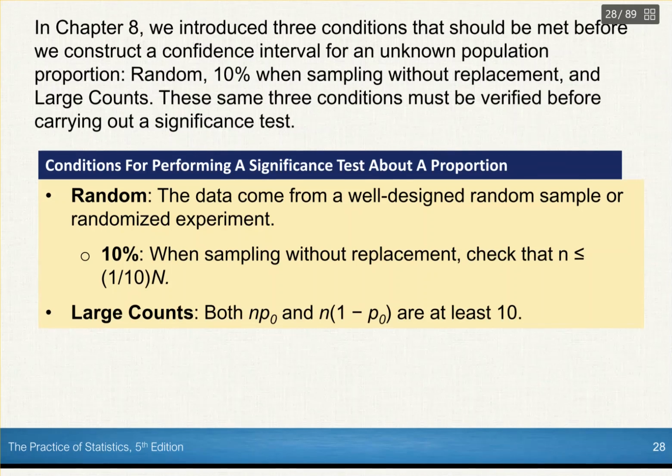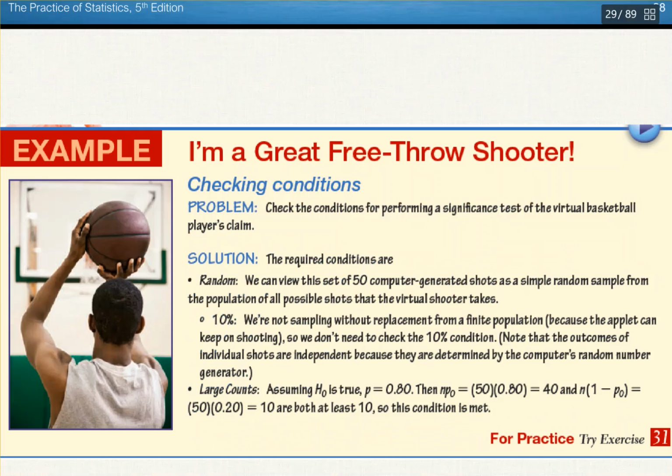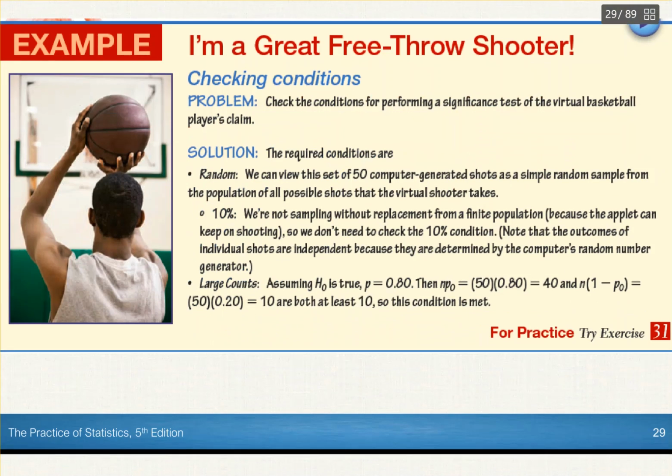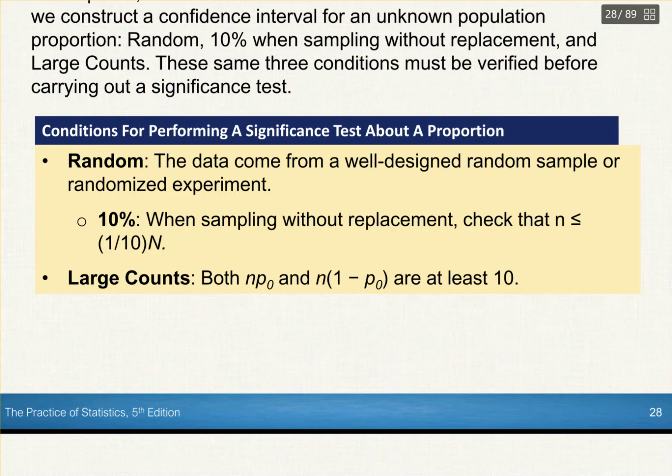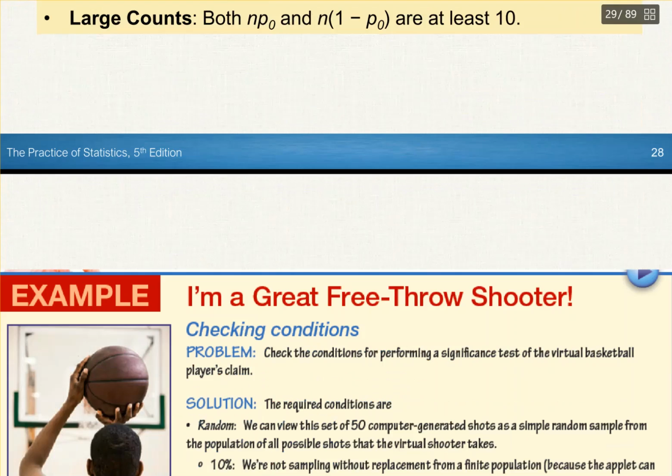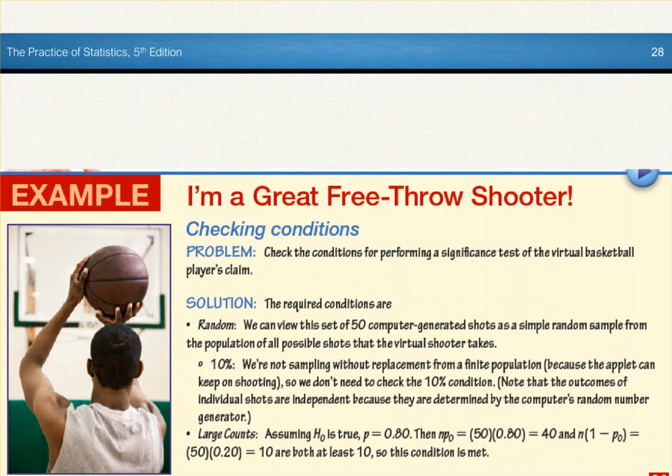All right, so check the conditions for performing the significance test on the virtual basketball player's claim. First things first, random. It's just a bunch of shots, so you could think of these computer generated shots as a simple random sample from the population of all possible shots.